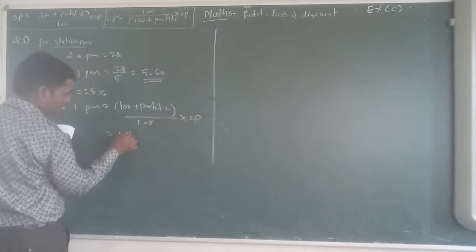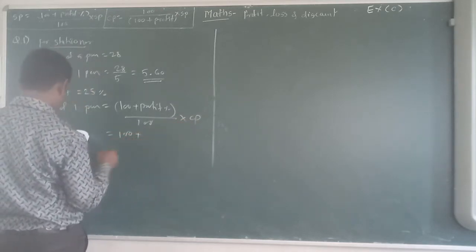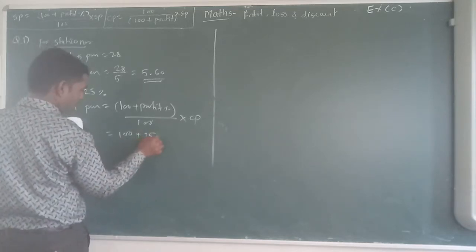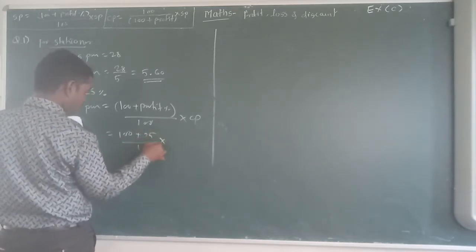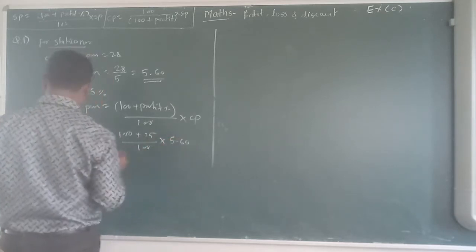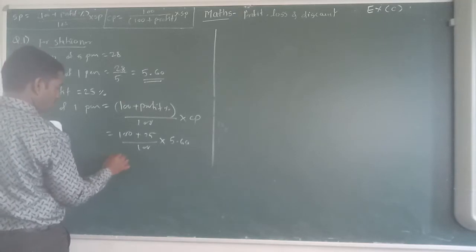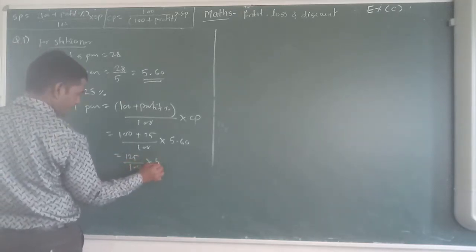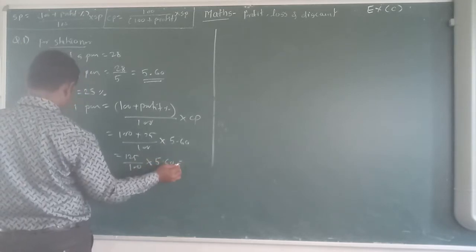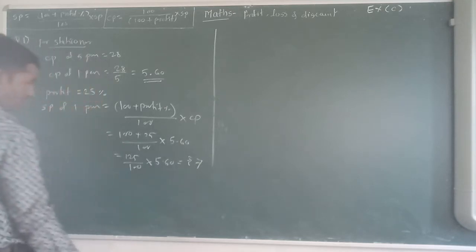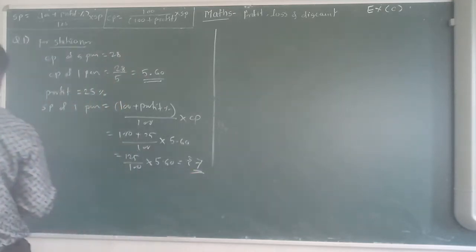So 100 plus 25 upon 100 multiplied by CP, and CP is 5.60. So it is 125 upon 100 into 5.60, and the answer will be rupees 7. The selling price of 1 pen is 7.